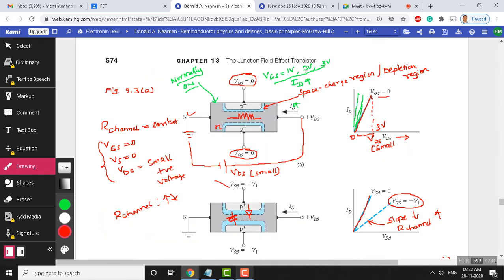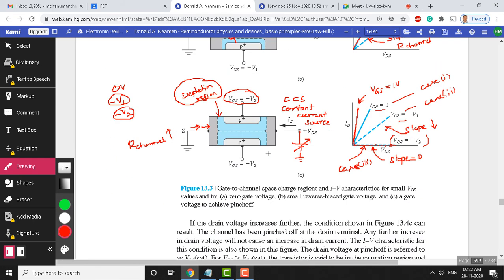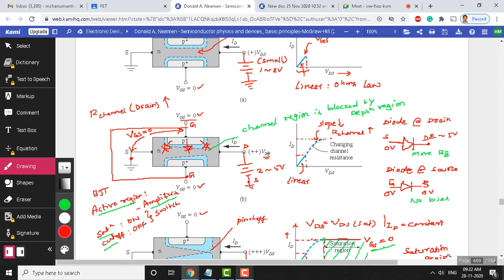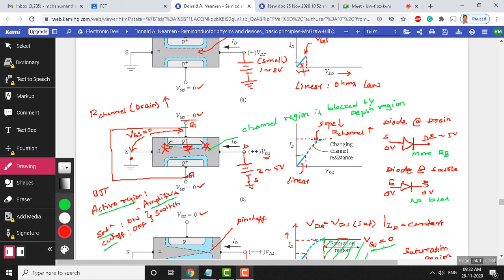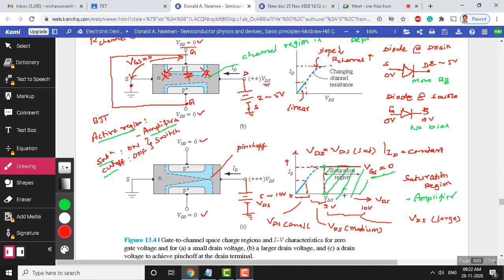First we saw keeping VDS constant and VGS decreased. In the second case, VGS is kept constant and the drain source voltage is increased in the positive direction. Along with that, we have shown the VDS versus ID characteristics for all three cases. These diagrams and a little explanation are very important for the examination.